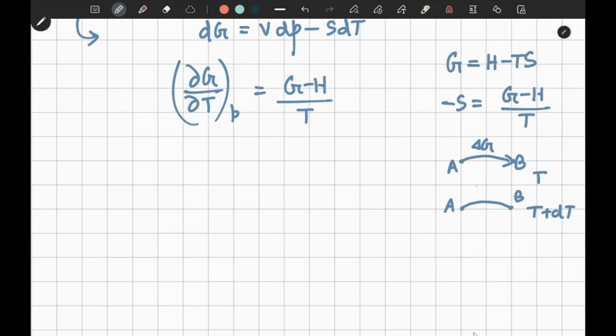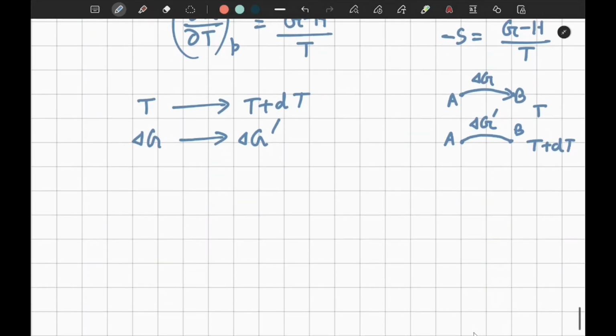So this time delta G will not be the same. This will be delta G prime, let's say. Clear? So when you change the temperature T to T plus dT, the change also shifts from delta G to delta G prime.